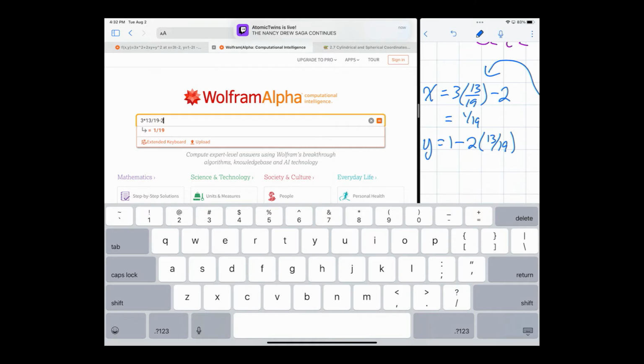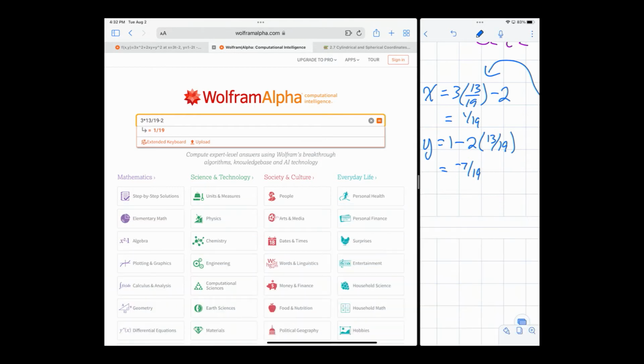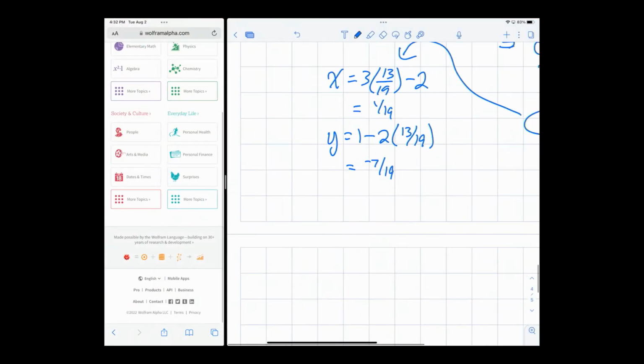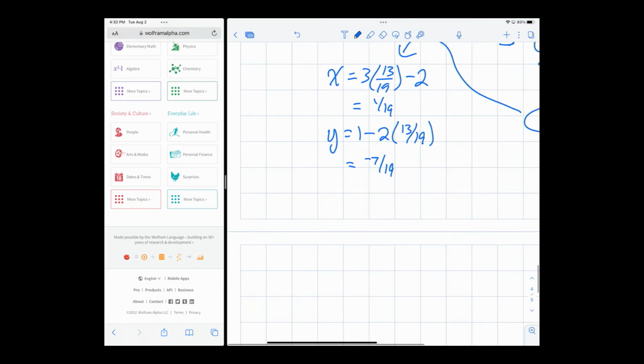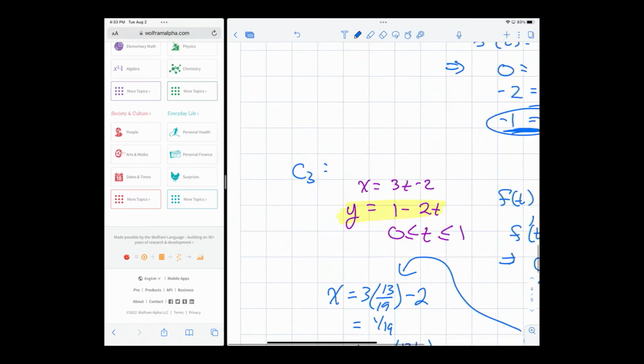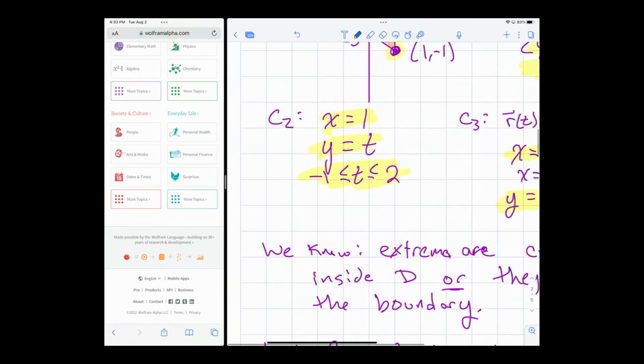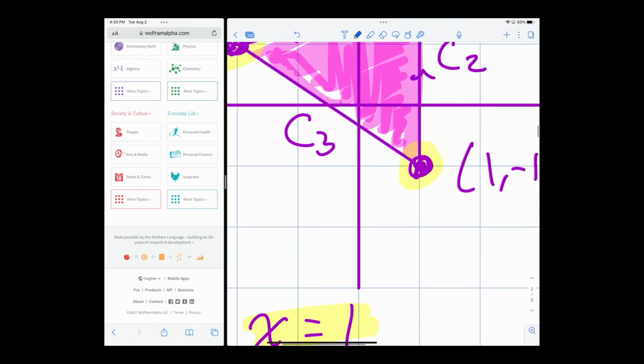And then we have 1 minus 2 times 13 over 19, negative 7 over 19. Okay, so we've got this point. And so we have x, y is 1 over 19, negative 7 over 19. And that's got to be somewhere on C3, right? It's like right here, just past 0.